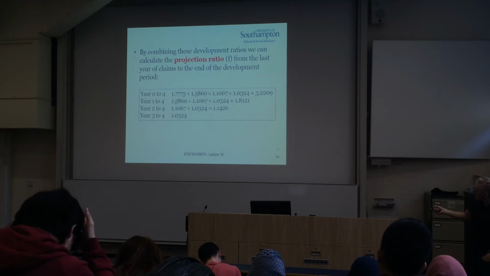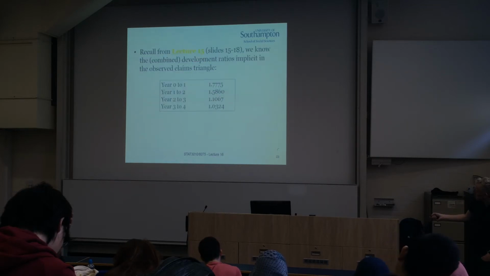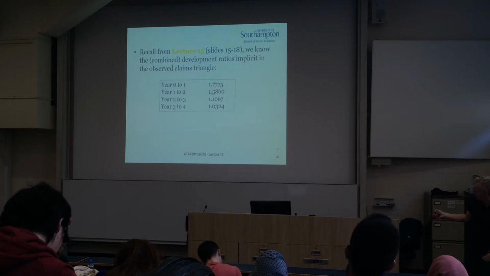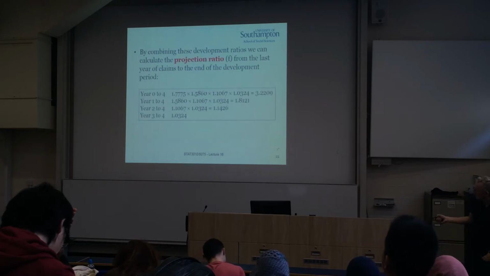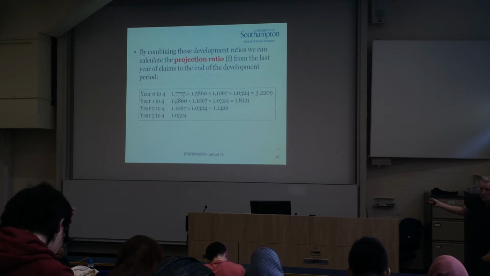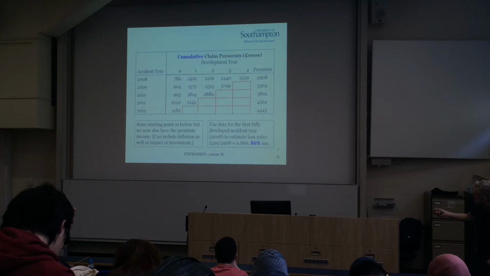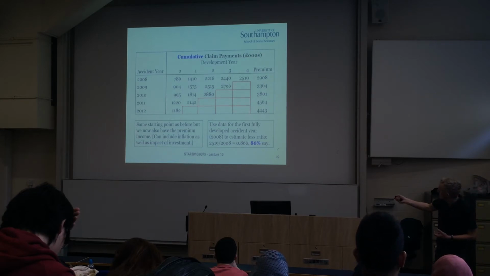So if I take an example, year 0 to 4, you multiply all of these separate development factors that we had on the previous slide together. So we end up with a factor of 3.2209. If I go back to our original data, what that does is tell me how this would be projected forward to the end of this year.